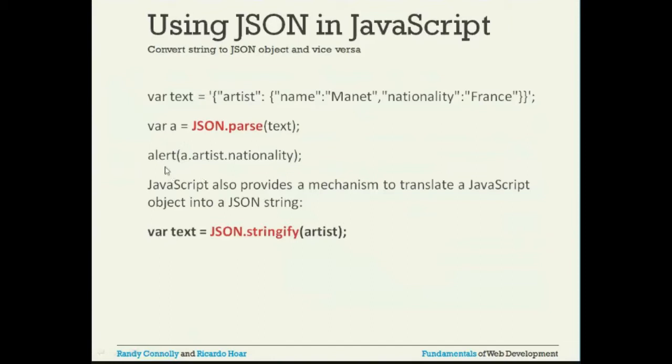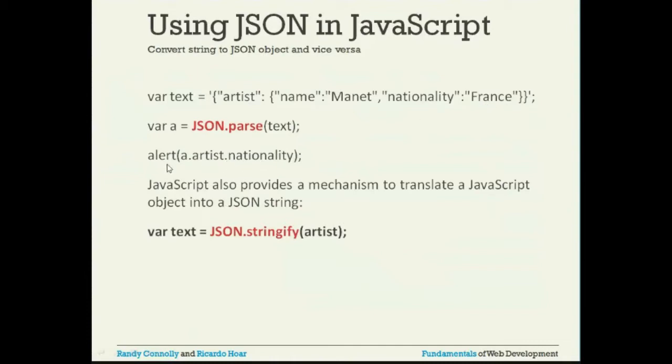Then how to access? Same. You will say the object a.artist.nationality. This will fetch the value France in this particular example. It will fetch this particular value.